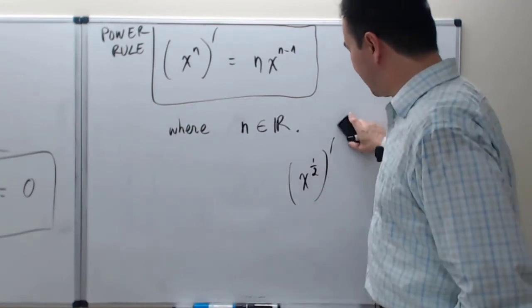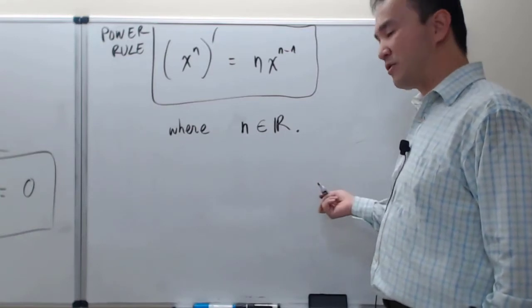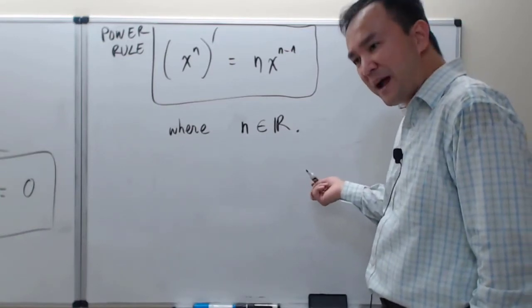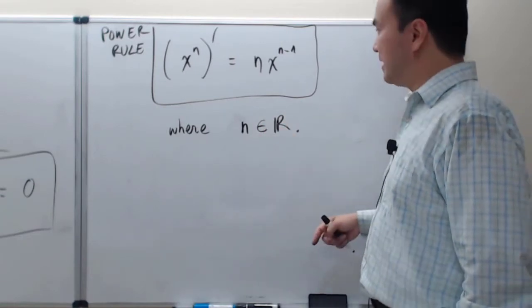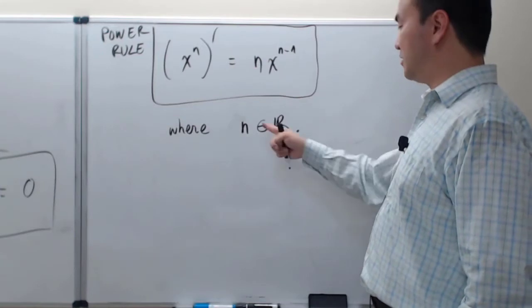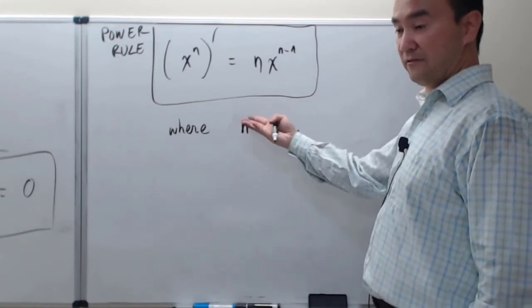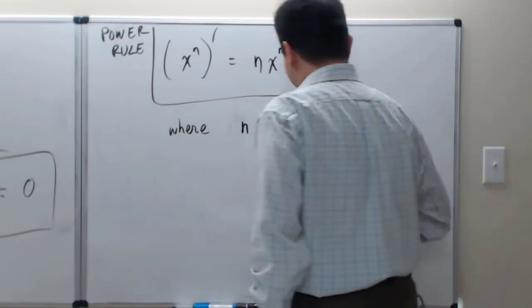And even when your power is an irrational number, we don't have much application of power functions with an irrational power, but it also works. So this is really our final version of the power rule, on any value of n like that.